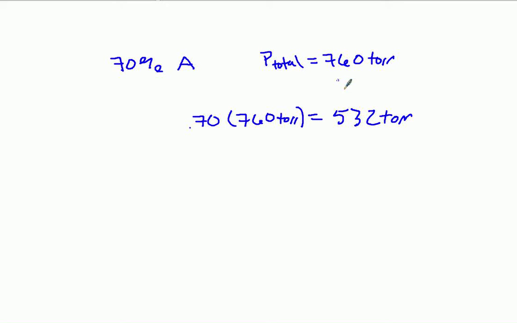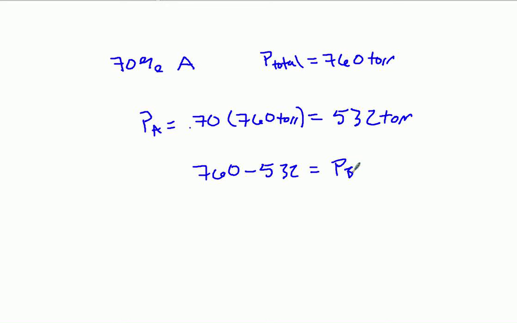So all I have to do now to figure out B is recognize that, oh, hey, if 532 came from A, then I could subtract 532 from 760 and I'll get B. So this is my partial pressure for A, 532. If I just take 760 and subtract that 532, that should give me my partial pressure for B, because that's how this whole gas law started, right? Add up the parts, you get a total.